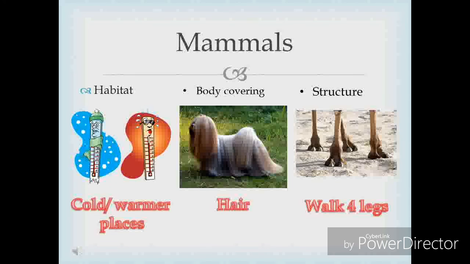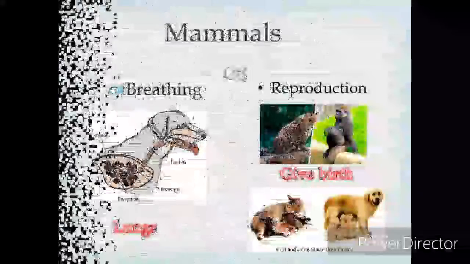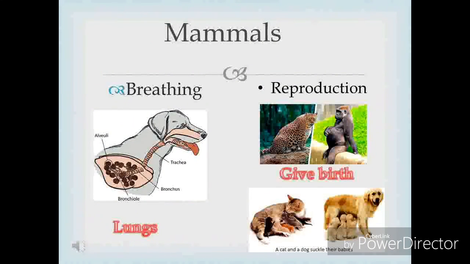When we talk about the structure of mammal animals, we have to say that they walk on 4 legs. Another characteristic of mammal animals is that they use their lungs to breathe. And the last way we can recognize a mammal animal is that they give birth, and after they have their babies, they suckle them.